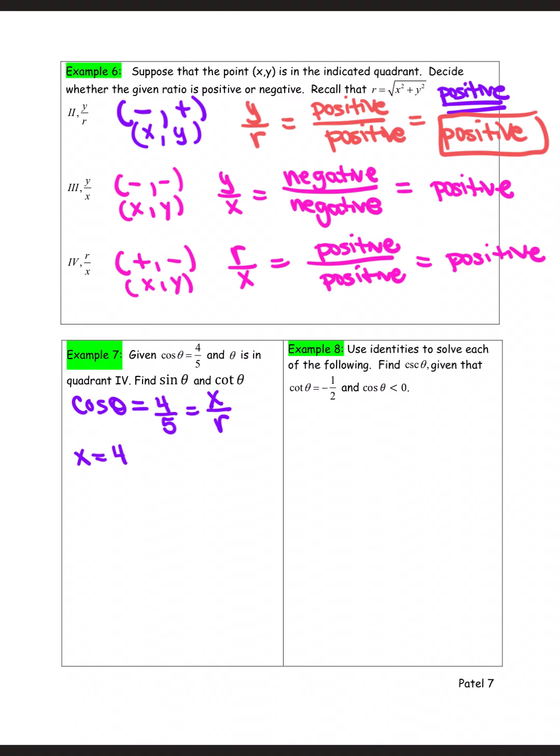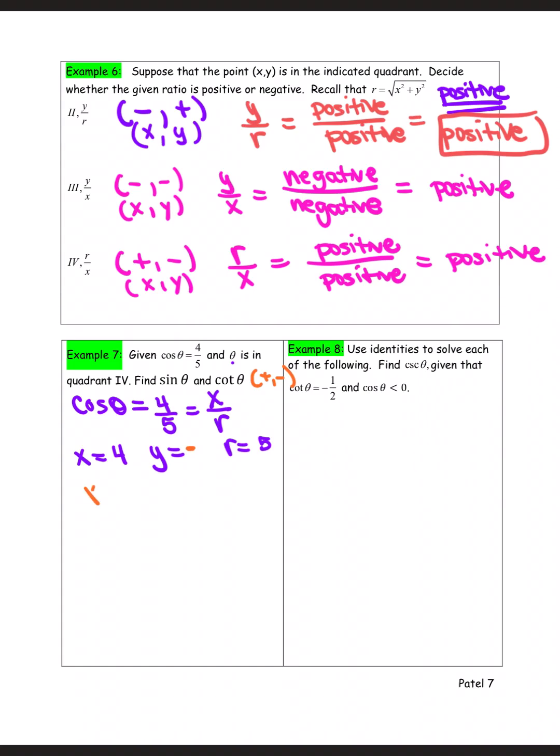We don't know y yet. And we know r is 5. That's what we know so far. Now, we also know that theta is in quadrant 4. Well, what that tells me is because we're in quadrant 4, x is positive, y is negative. So therefore, whatever answer we get, y better be negative because we're in quadrant 4.